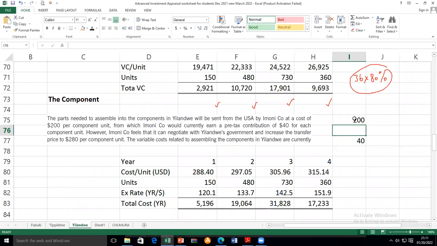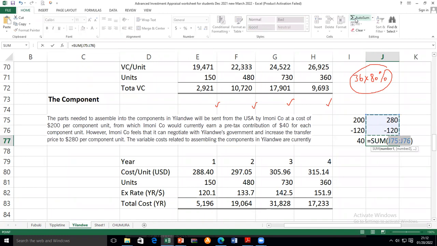So how much was the variable cost? 120. But now they'll push that to 280. That is a negotiation. The variable cost still continues at 120. And that now gives a new contribution of 160. So that's the new contribution.